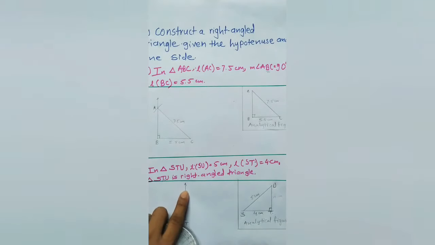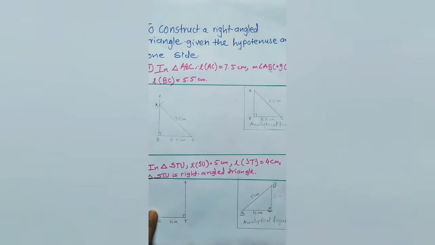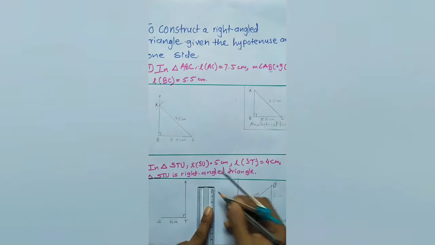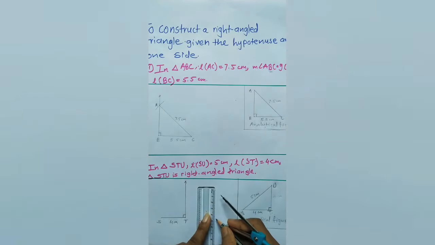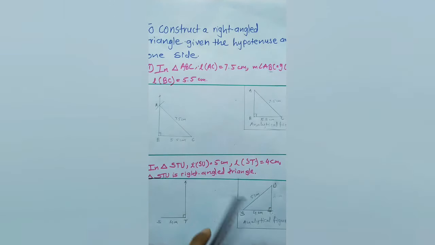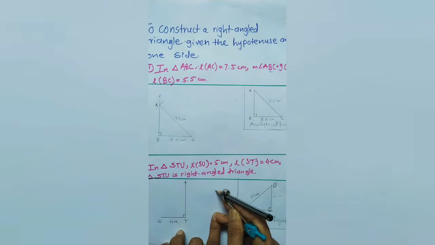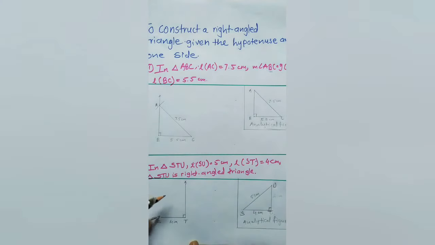Now the distance SU is 5 centimeter. Between point S and U, the distance is 5 centimeter. So we should take a 5 centimeter distance here, and take that distance in the compass. Put the pointed part on S and draw one arc here.